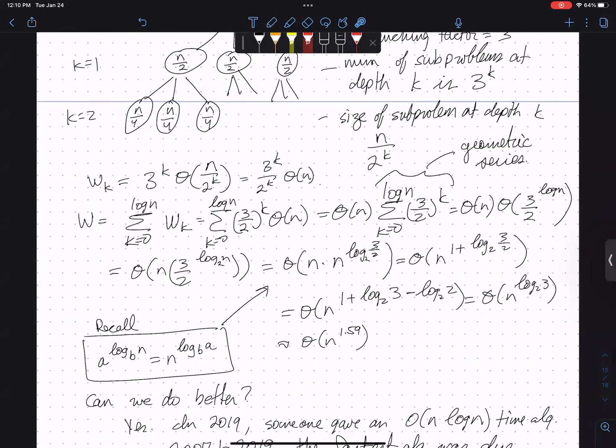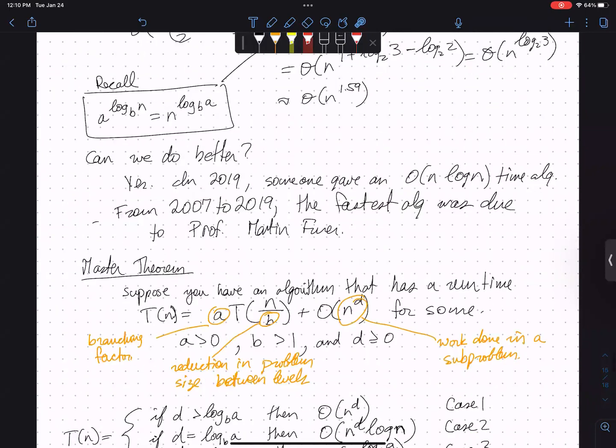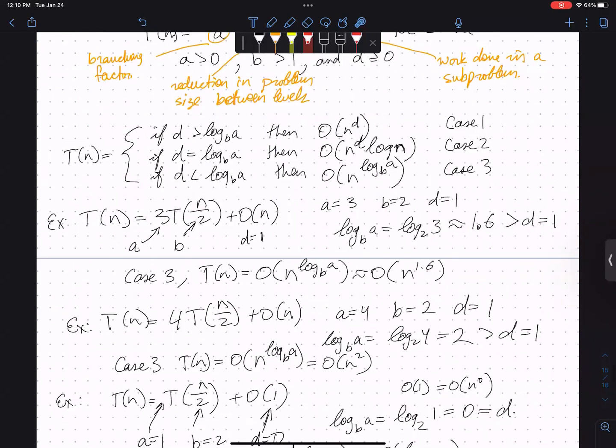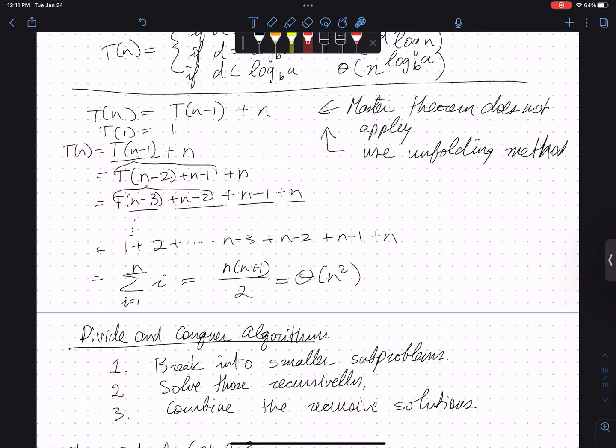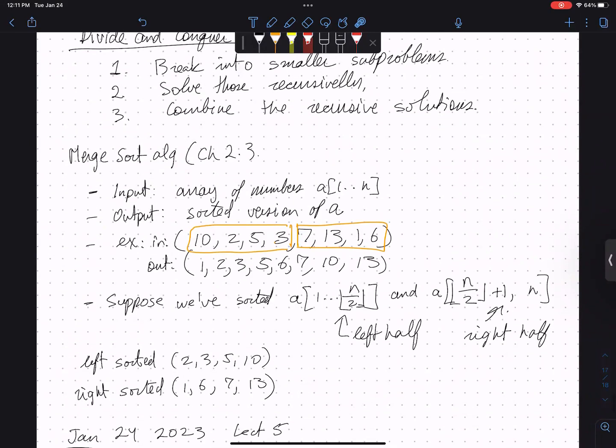We then started on another divide and conquer algorithm. And this was the merge sort algorithm. Merge sort is a sorting algorithm. So the input is an array of n numbers, and you want to output the array in sorted order.